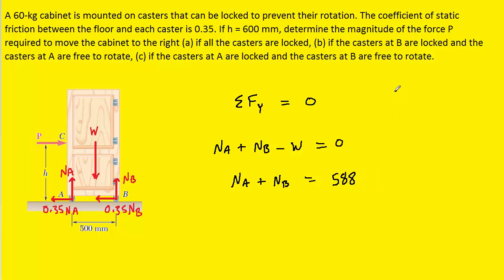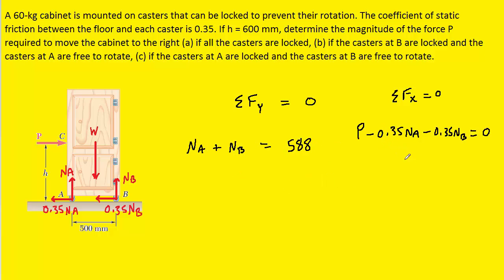Now, of course, the sum of the forces in the x direction must also equal 0. And we can see that there is the pushing force, which is pointing to the right and is therefore positive. And then we have the two forces pointing to the left and therefore will be negative. So we'll have the minus 0.35 NA and then minus 0.35 NB. Now, if we added those 0.35 times normal force over to the right-hand side, we would see that the pushing force equals the sum of those two forces.